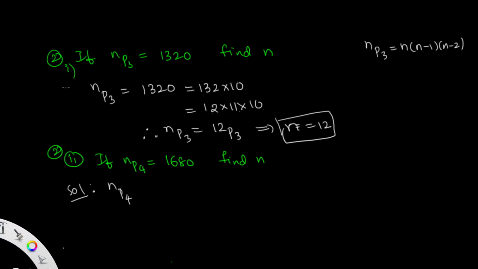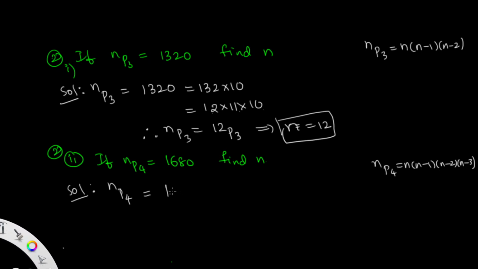In the problem we just solved, nP3 equals 1320 was a product of 3 terms. Here nP4 is n into n minus 1 into n minus 2 into n minus 3. So 4 terms; that is the formula.